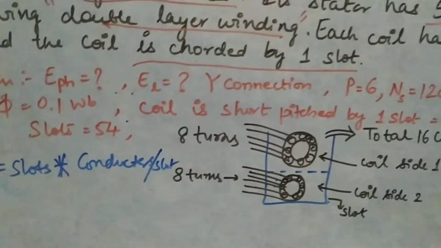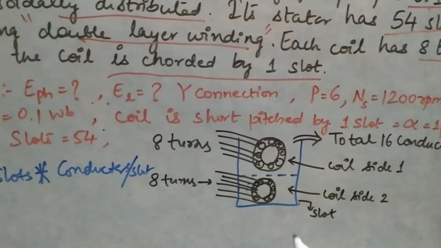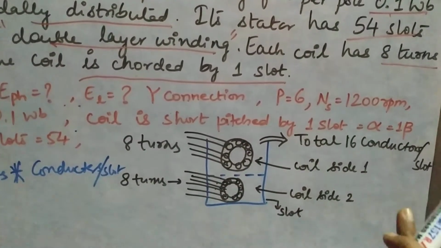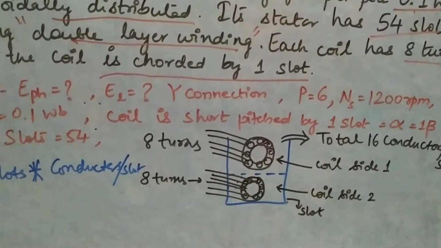Since there are 8 turns in each of the sections, there are 16 conductors per slot.